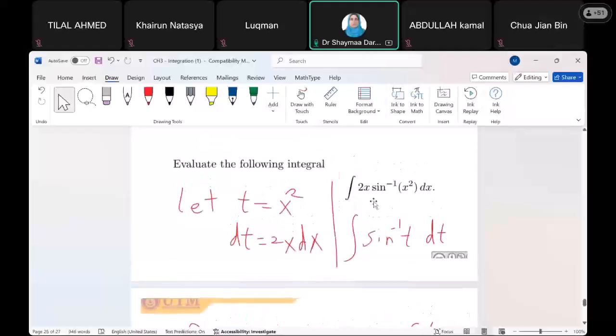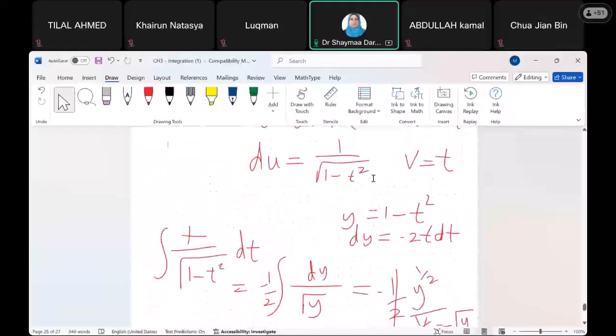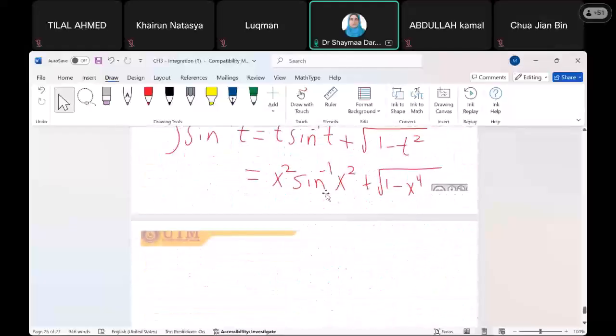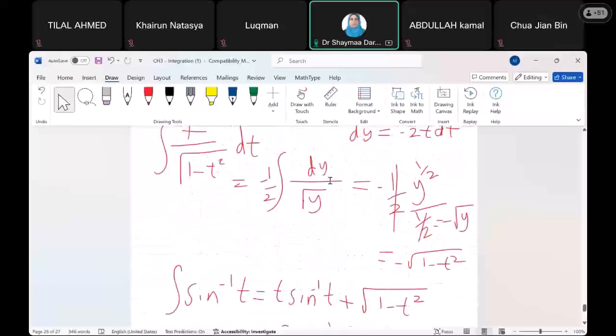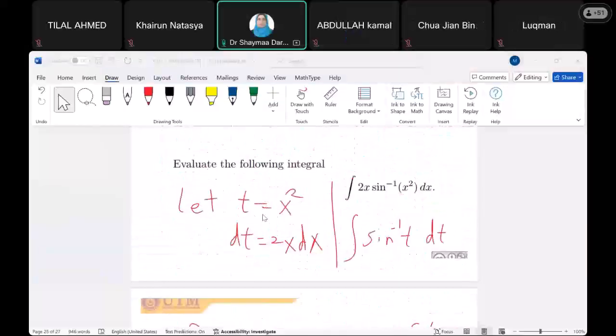But my integration is in x, so t itself has to be written again in terms of x. You can choose another substitution by making t equal to sine inverse x squared, which means that sine t is equal to x squared, and then find the derivative.